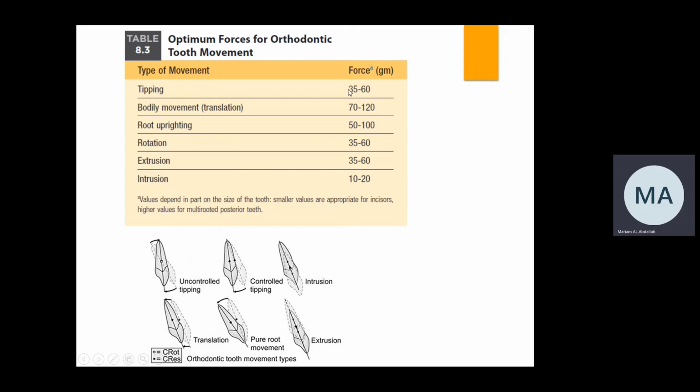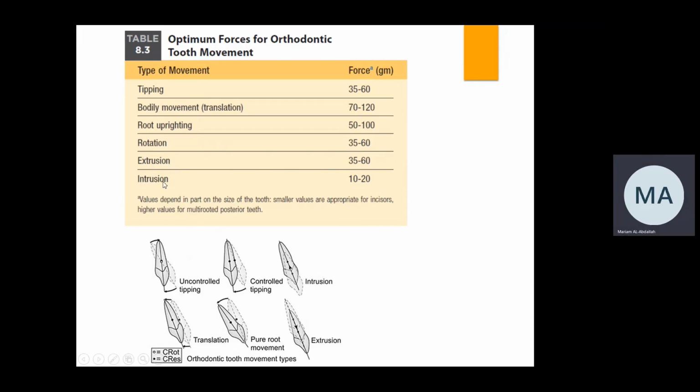And we always have a range because we are considering single rooted teeth and multi-rooted teeth. So we need less force for smaller teeth and bigger force for multi-rooted teeth in order to reach the same pressure, and so the same effect in terms of tooth movement. So tipping, rotation, extrusion.